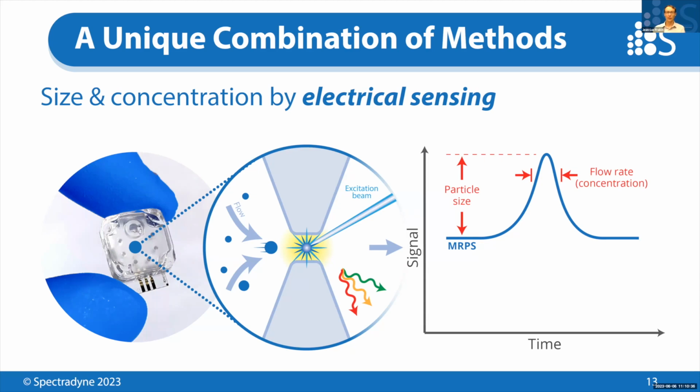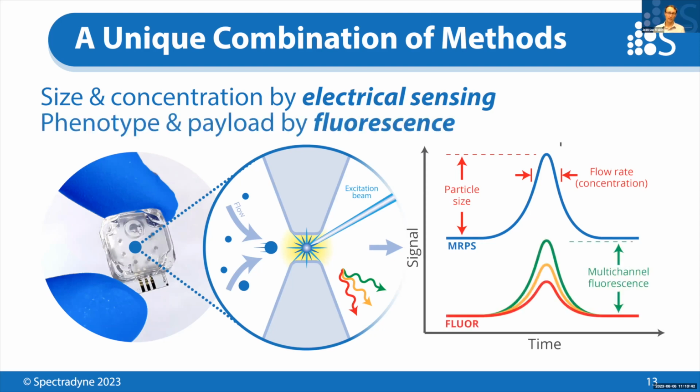And we're collecting the fluorescence light that's emitted from the particles when they fluoresce, if they fluoresce. And so simultaneously with the electrical signal, we're measuring the fluorescence in up to 3 optical channels to get the phenotype or the measure of the payload, which we'll talk about in a bit, by fluorescence. So this is how we get the specificity.